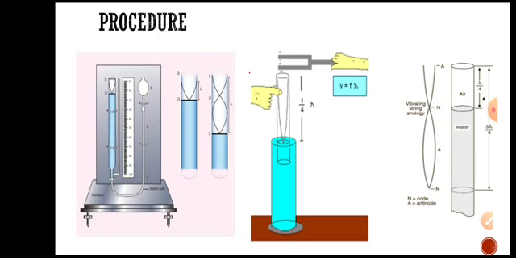At some level, as the reservoir goes down, the water level decreases, and then you can hear a resonating sound. So now you fix the reservoir at that position and note the length of the air column, the distance from the open end of the pipe to the water level where you heard the booming sound.